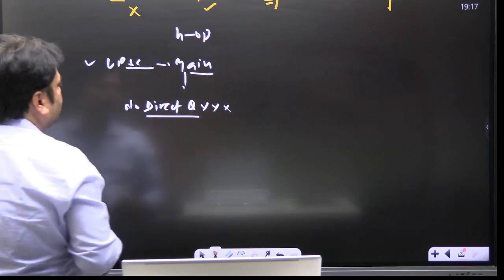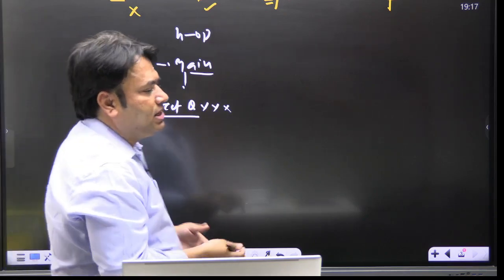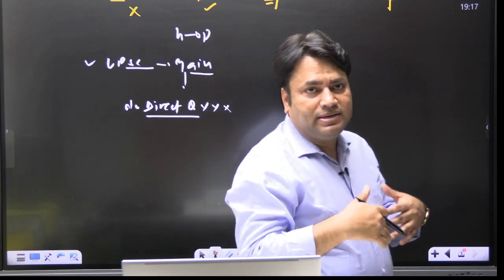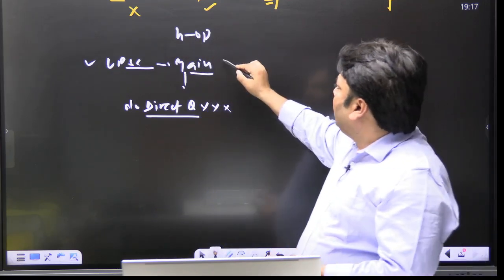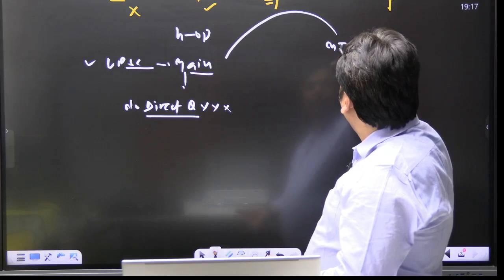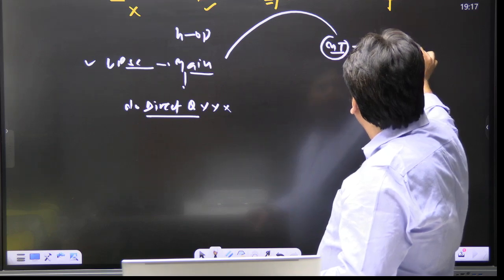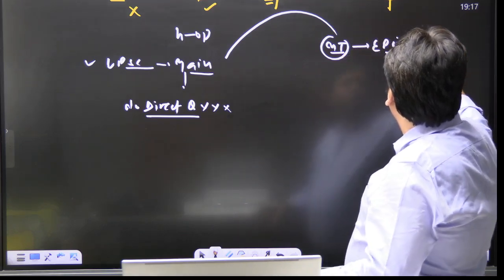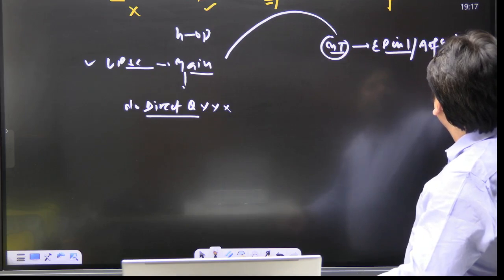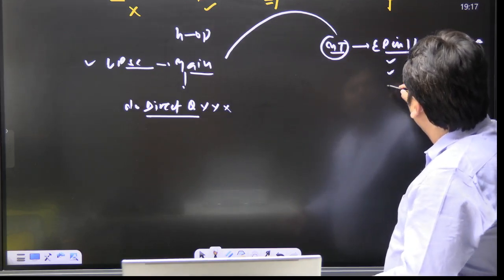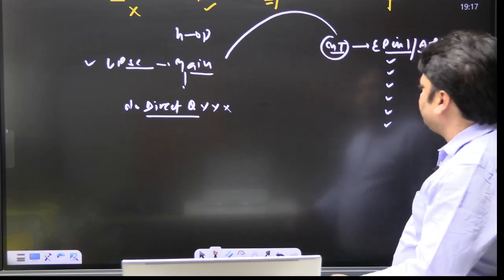And whenever UPSC has asked a question, it has asked the question from the main theme. And the main theme is European penetration in India, or Advent of Europeans in India.